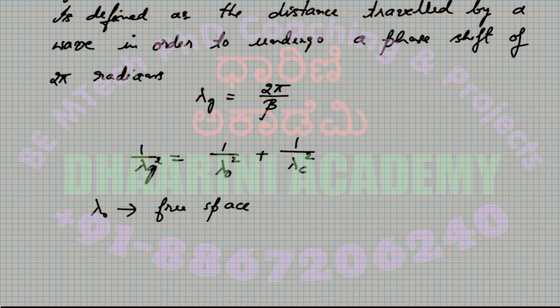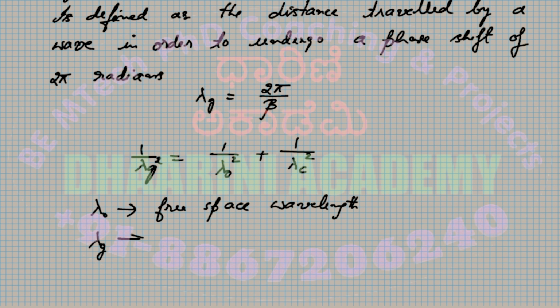If the same wave is not propagating inside the waveguide but in free space, then the wavelength of that in free space is called the free space wavelength, that is lambda naught.